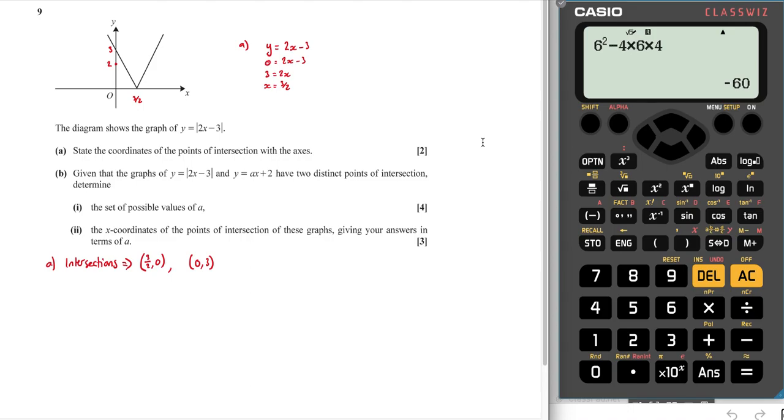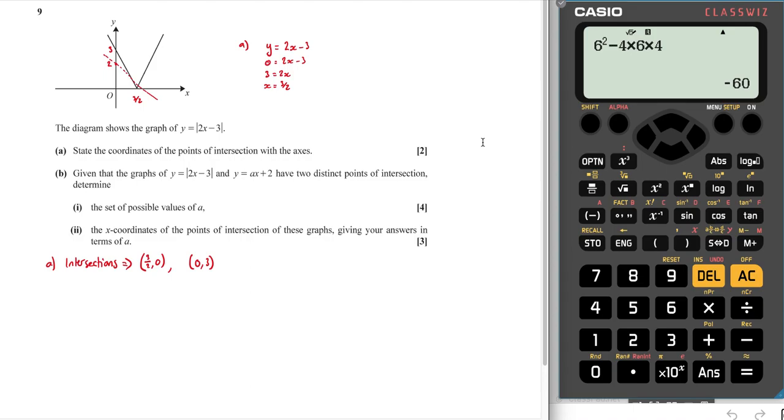So that means I have a line that could come anywhere pretty much down like that. So if it goes through that intersection there at the bottom, that's going to be one limit. So let's have a look at that.